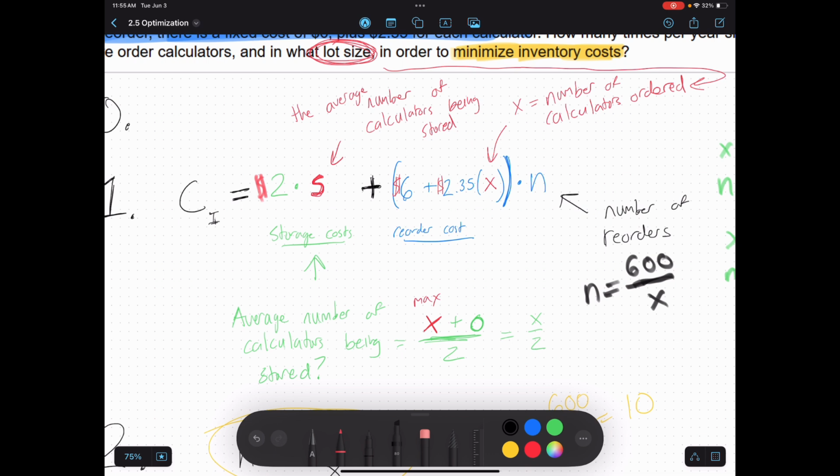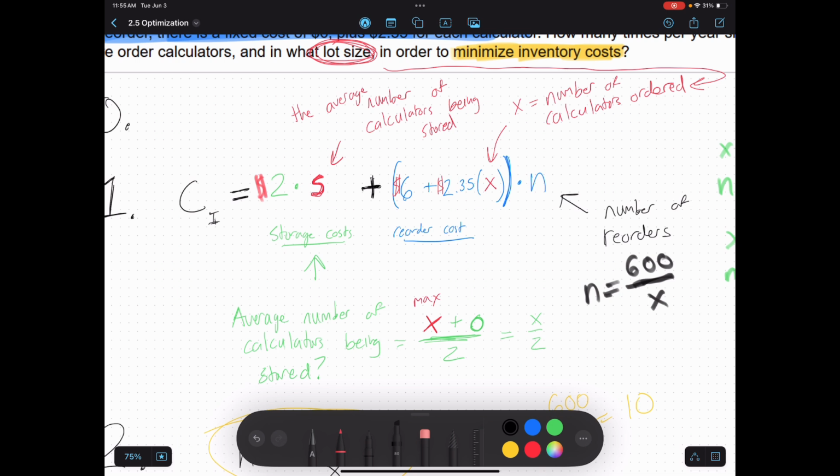What's the maximum number of calculators that I can store? Well, the maximum number is right after I just reordered. If I reorder 100 calculators, then I'm going to immediately put those calculators into my storage, and that's the maximum number I'll have being stored in there at one time. Why is the maximum?